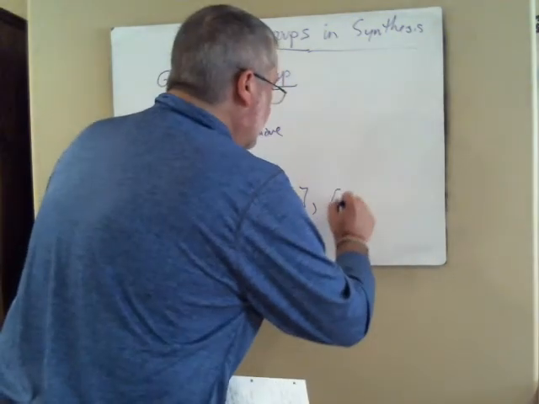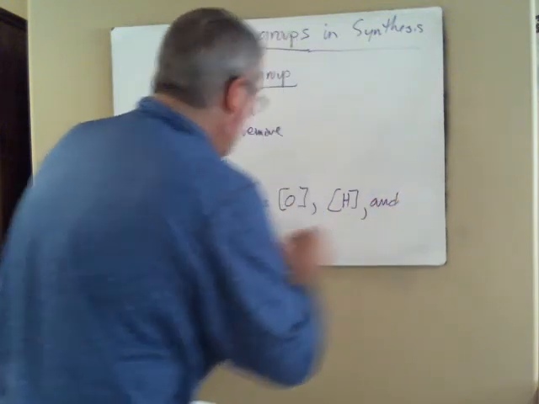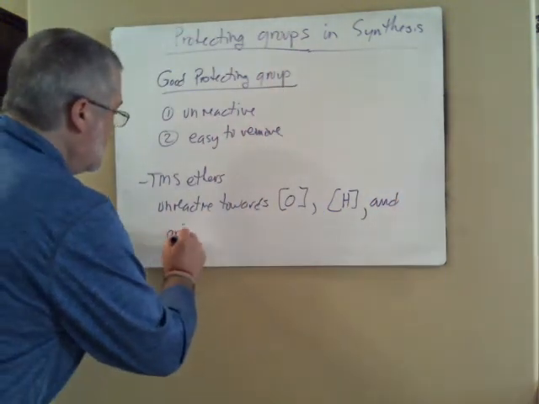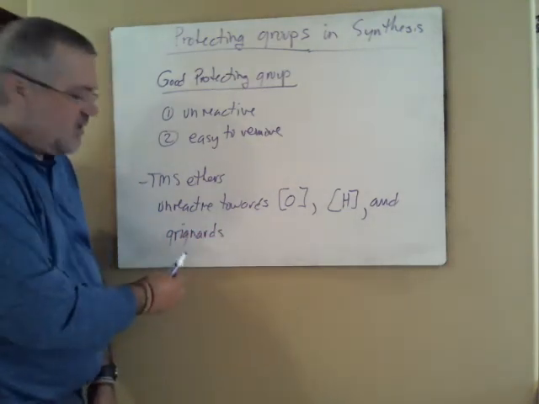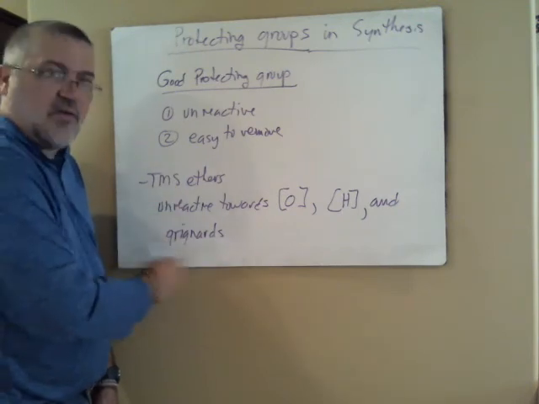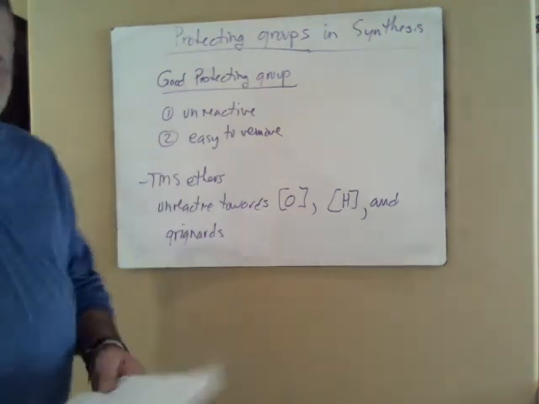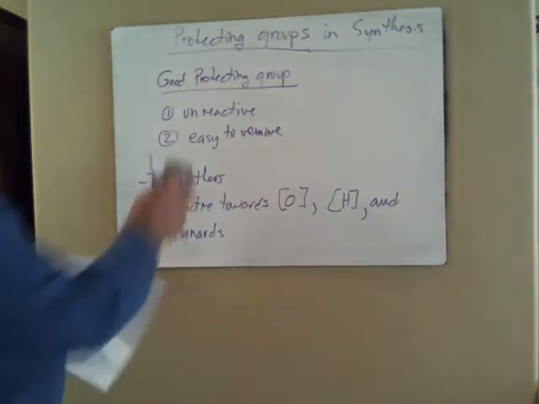Reducing agents and Grignards. Okay, and so in our particular example, that's what we're concerned about. Inert to Grignards. Therefore, they remove the issue of having an alcohol present.